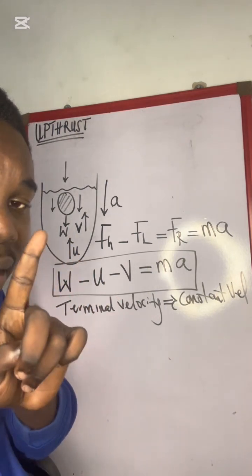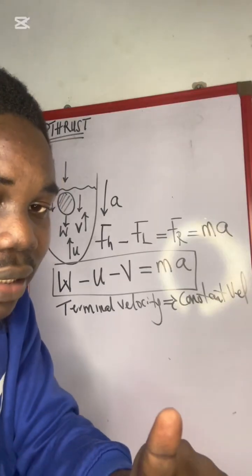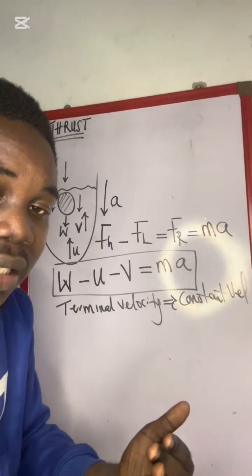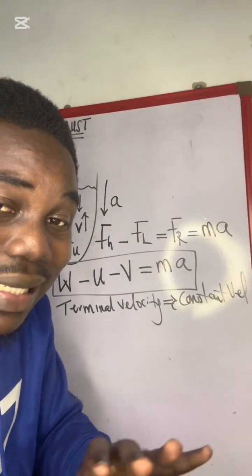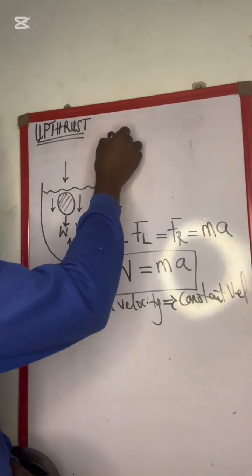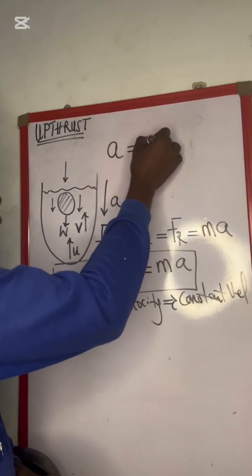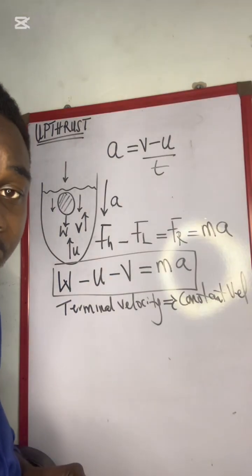Now, from Newton's law, when your velocity is constant, it is not changing. It therefore means that the object does not accelerate, because remember, acceleration is the change in velocity with respect to time.